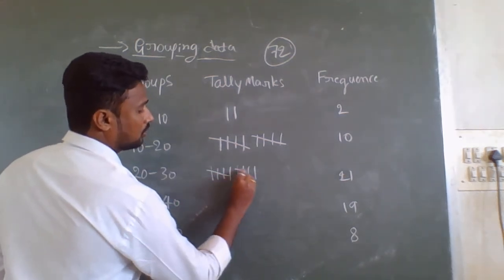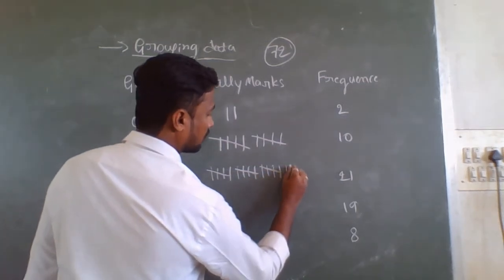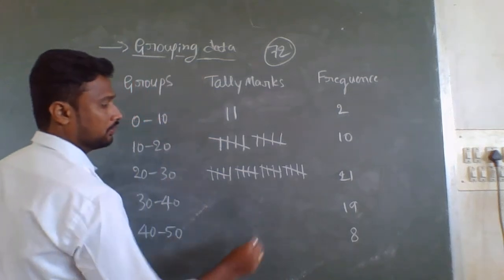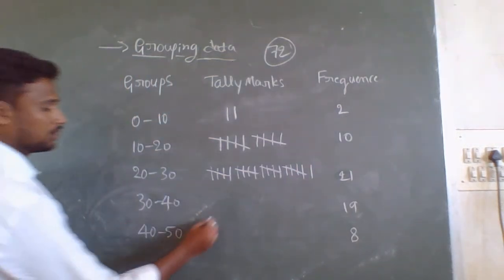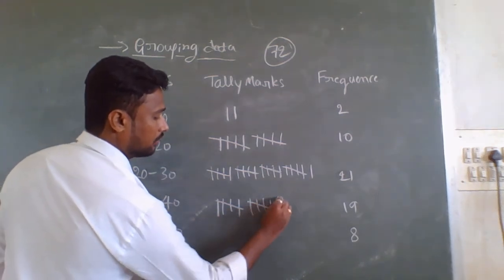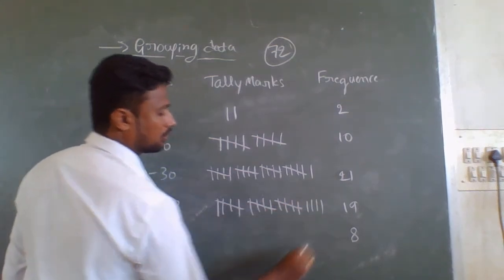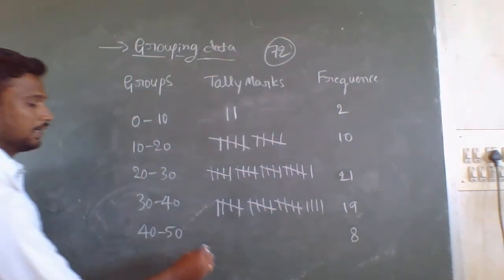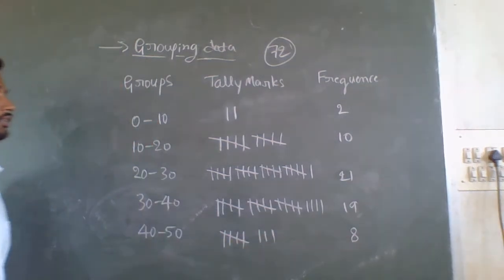We have to make 4 groups of 5 and then 1. That is 21. Next 19 students: 5, 10, 15, 19. Next 8 students: 5, 8.